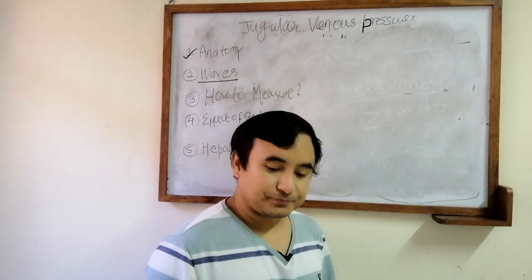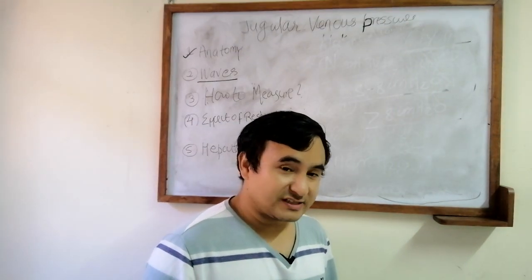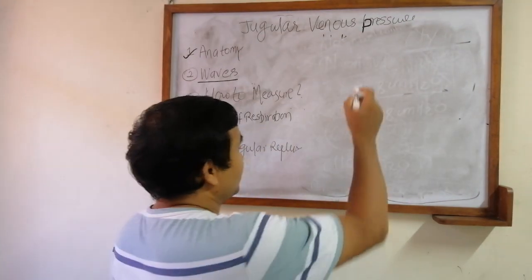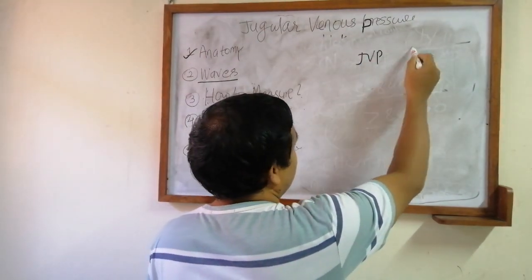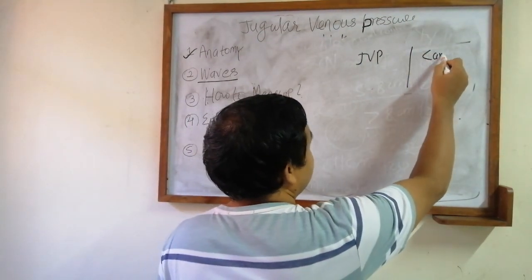For that, what you need to do is look at the location of the JVP and the carotid artery.